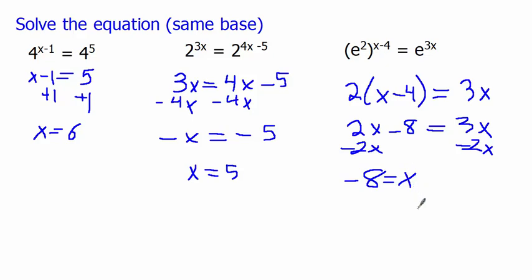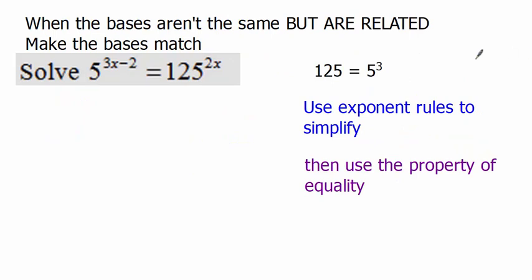Now they're not always this easy. So what we can have is the base is not the same, but it's related. And it's related because we know that 125 is 5 cubed. So what we do is we replace this, goes in for the 125.